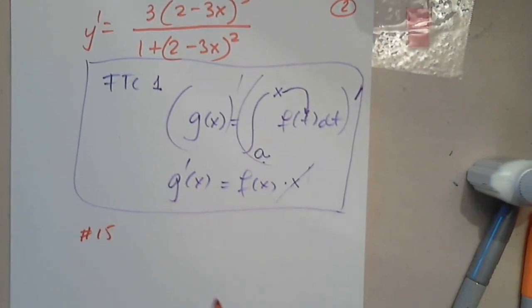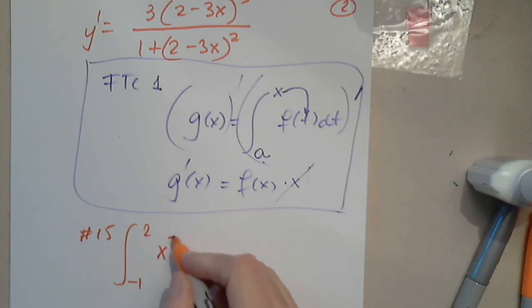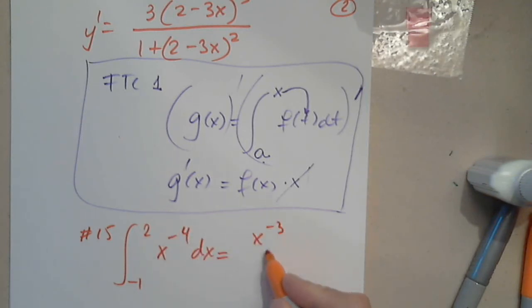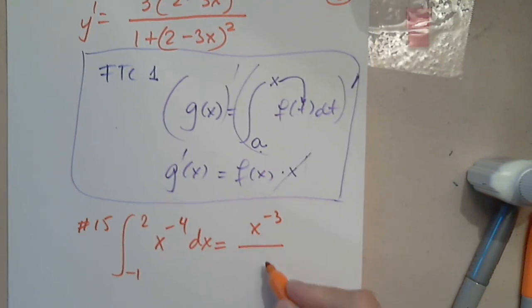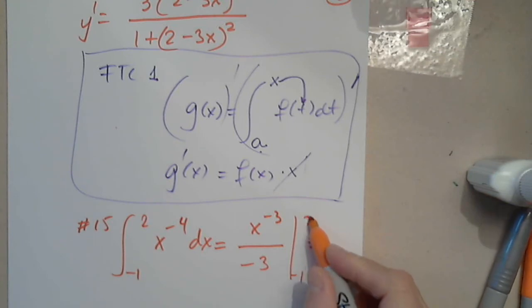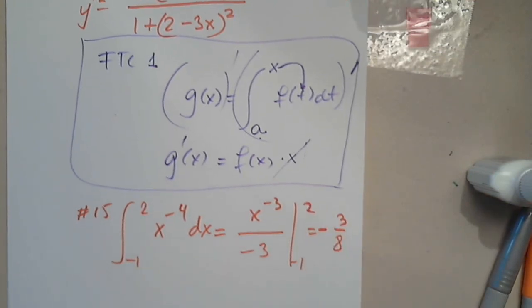In 15, we have the integral from -1 to 2 of x to the -4 dx. And they say it's x to the -3 over -3 from -1 to 2, and they calculate it to be -3 over 8. What is wrong with the equation?